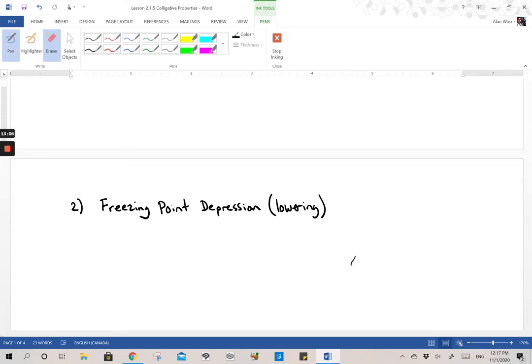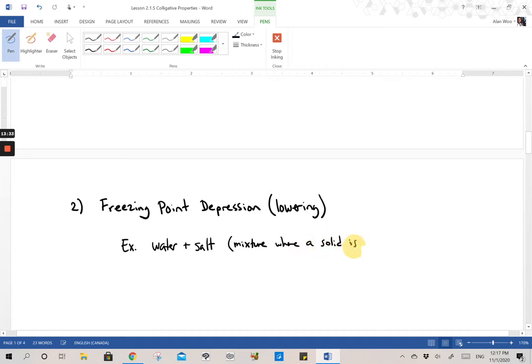So again, we can still use our example of water plus salt, because again, it's a mixture where salt is dissolved in water, where a solid is dissolved in a pure liquid.